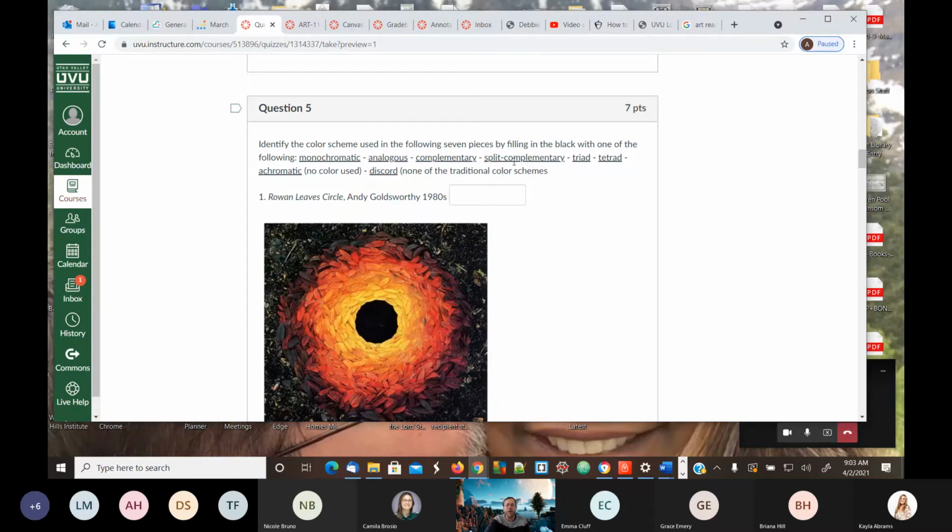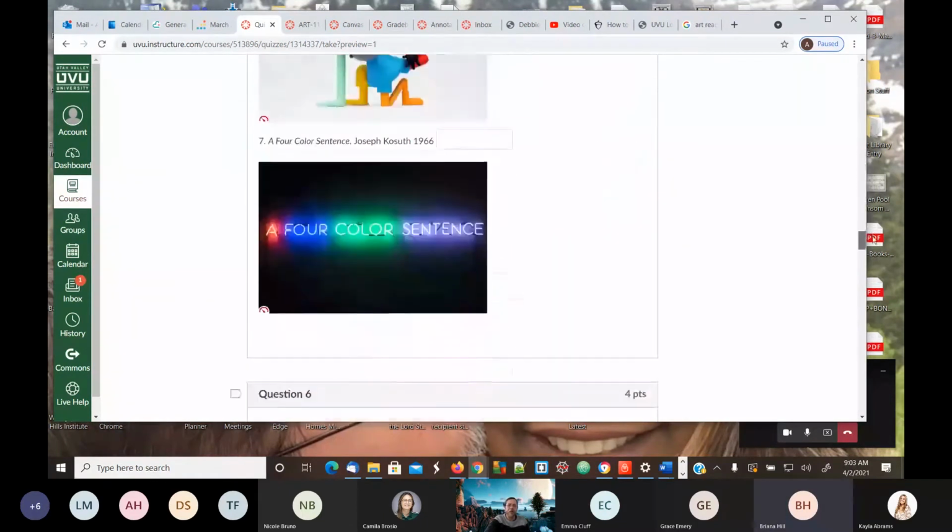The only 2 left are split complementary and tetrad. How many colors were in that last image? 4, so a tetrad. Yep, exactly. All right, so that one makes sense to you all?